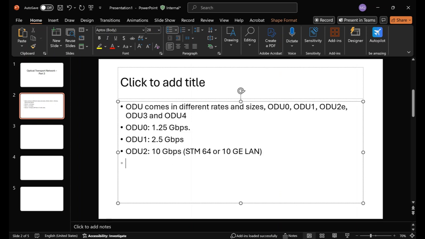And ODU3, 40 gigabits per second, ODU4, 100 gigabits per second.